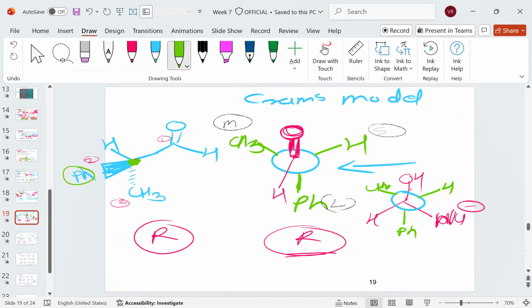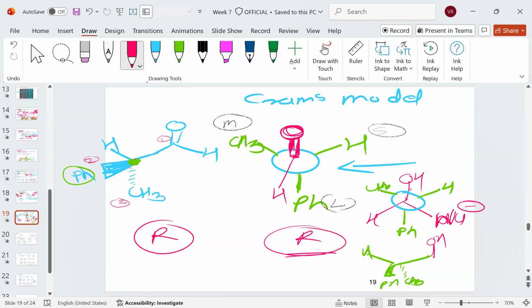If you move this structure to here, this hydrogen is in the plane, this phenyl is directing upward, methyl is directing downward, and in this carbonyl center we have the OH in the plane.